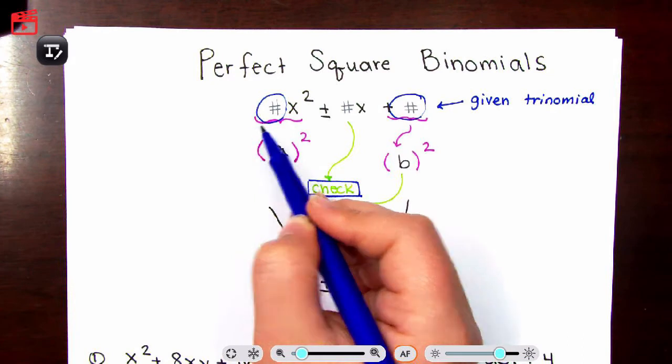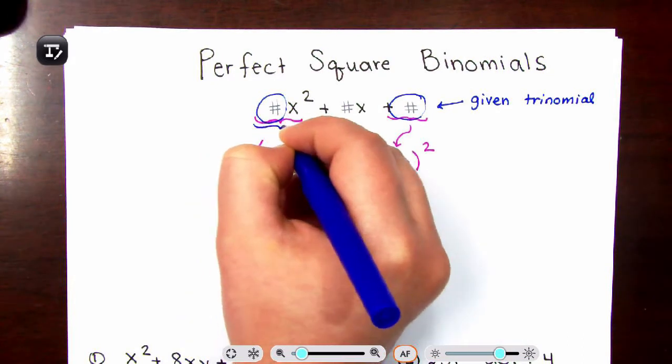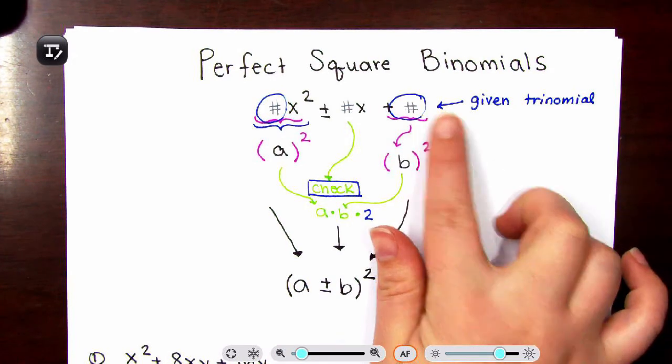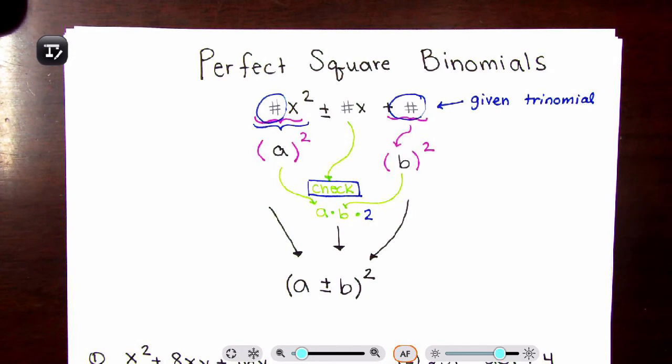Now, the leading term, this entire thing, needs to be rewritten as something squared. The constant on this side needs to be rewritten as something squared. If you are able to do that, then potentially you have the perfect square binomials.